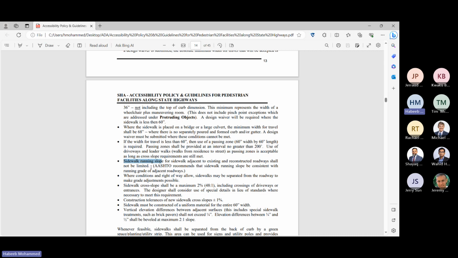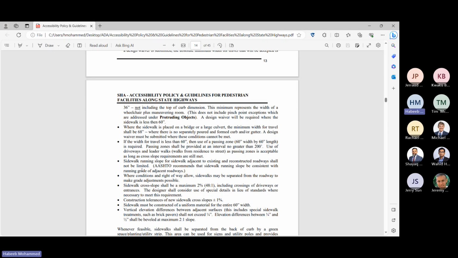So there is no limitation on that. See that? The running slope, they don't have any limitation, and it recommends following AASHTO. With the adjacent roadway, like I mentioned a few minutes ago, it has to follow the adjacent roadway slope.